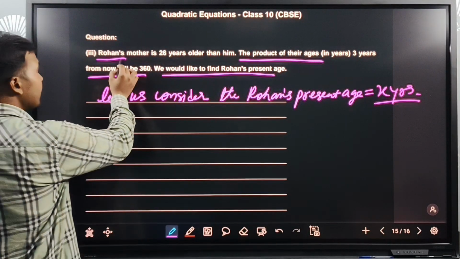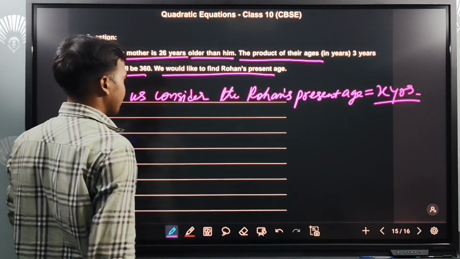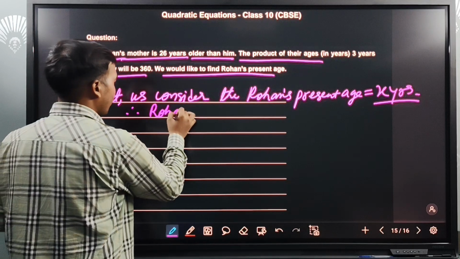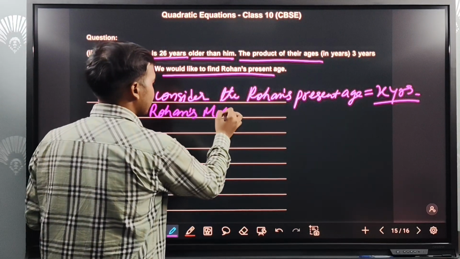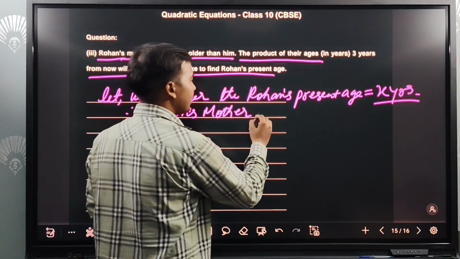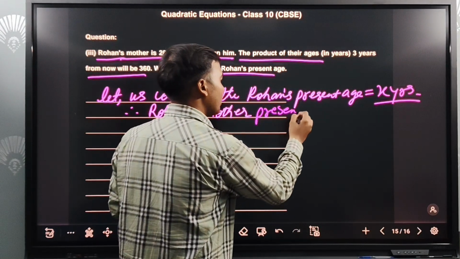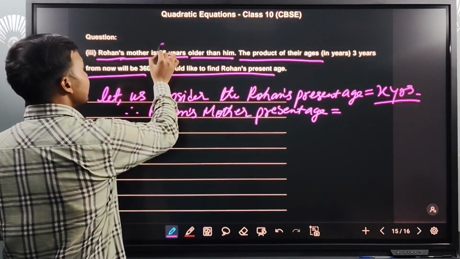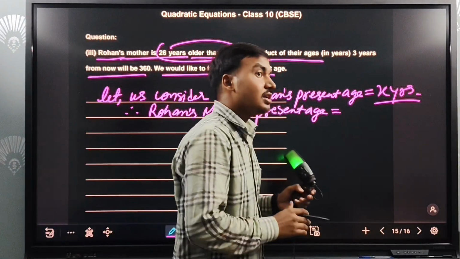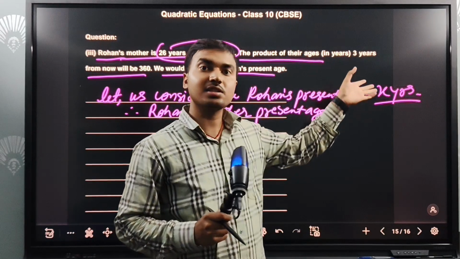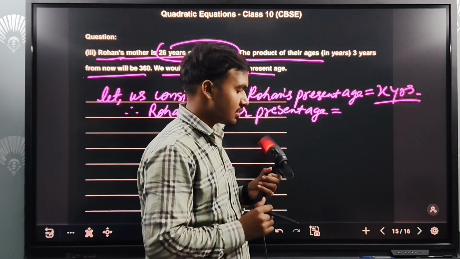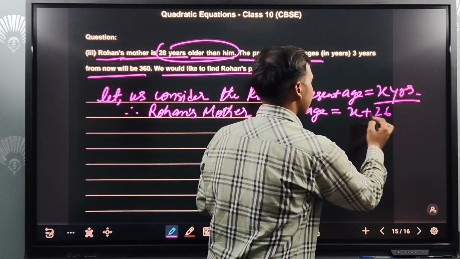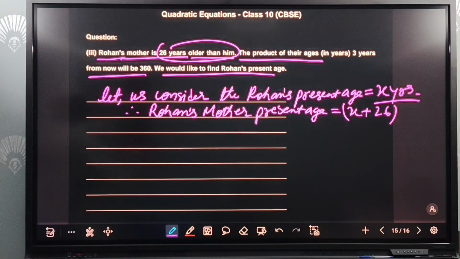Rohan's mother is 26 years older than him, which means her present age is 26 years more than Rohan's present age. So we will write it as x plus 26.